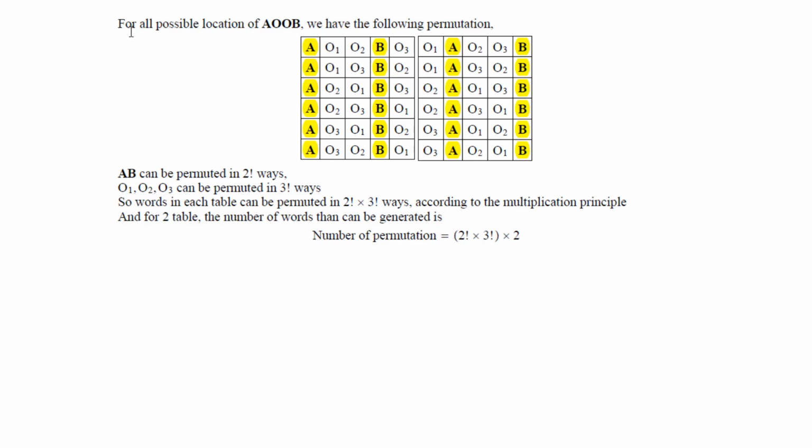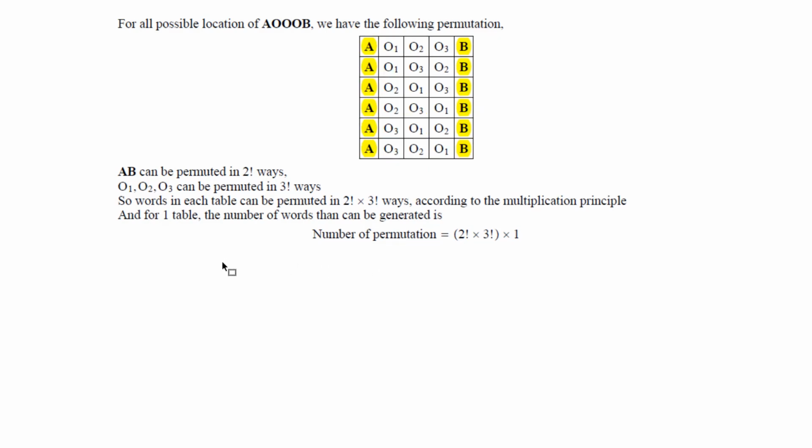Again, for all possible location of A space B, we have only 2 tables, and the number of words that can be generated in this case is 2 tables times 2 factorial times 3 factorial. And for the final location of A and B, which is A with 3 empty spaces B, we have only 1 table, and the number of permutations generated in such case is 1 table times 2 factorial times 3 factorial.